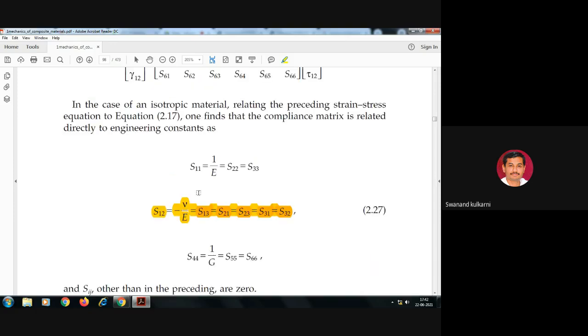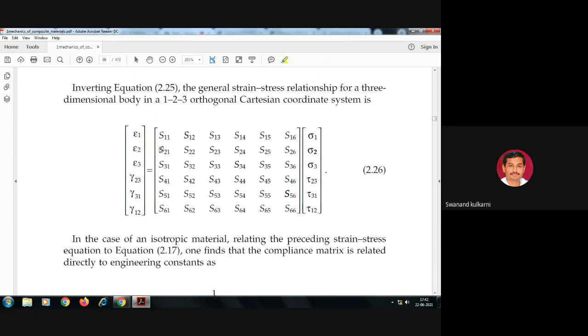Is it okay? So see, these are S21. What is meant by this S21, we can understand here. This is S21, this is S12, S13, S31, S32, and this is S23. Is it okay? So here we can understand these three elements and these three elements.